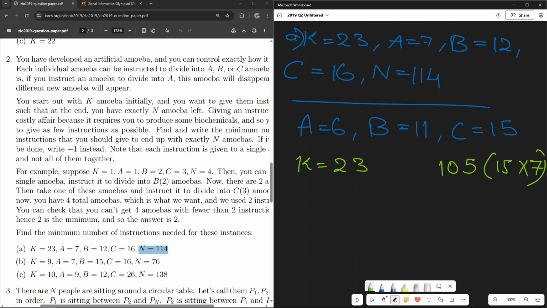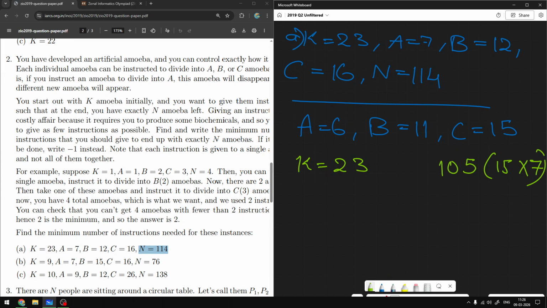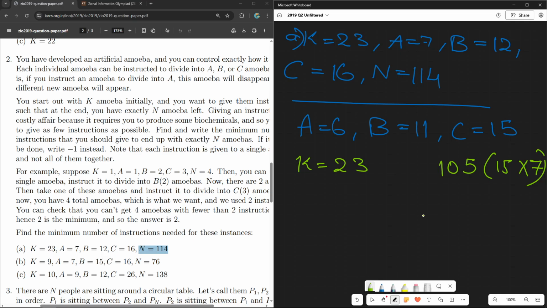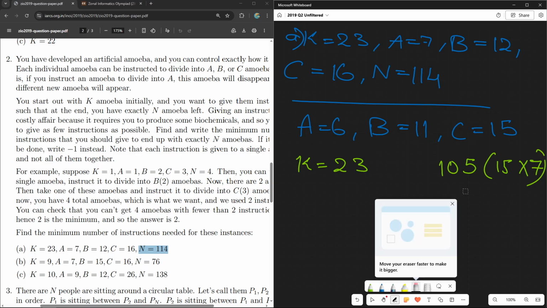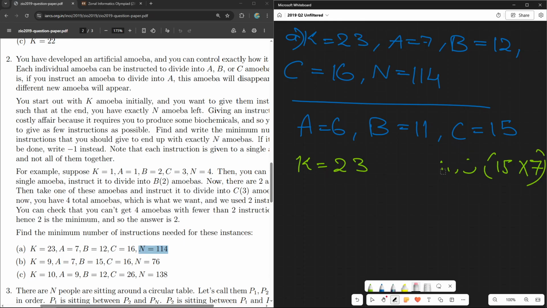So 105 is not possible, so we can do something else.